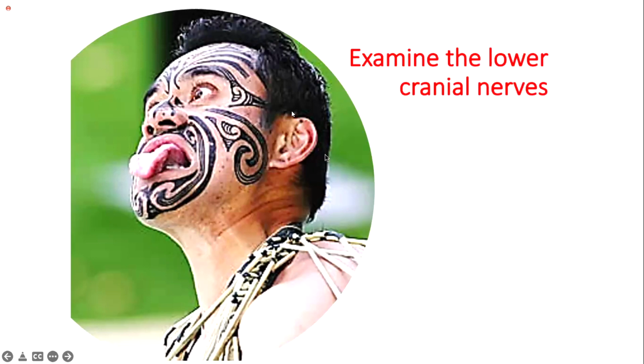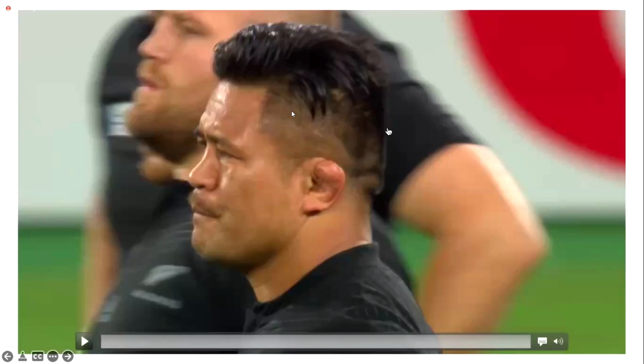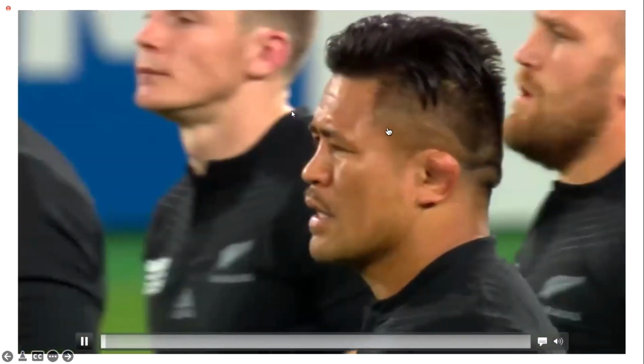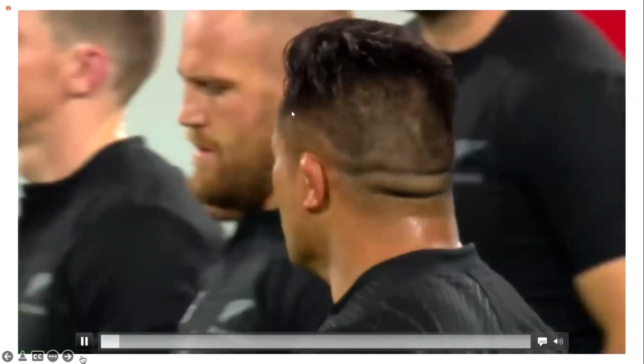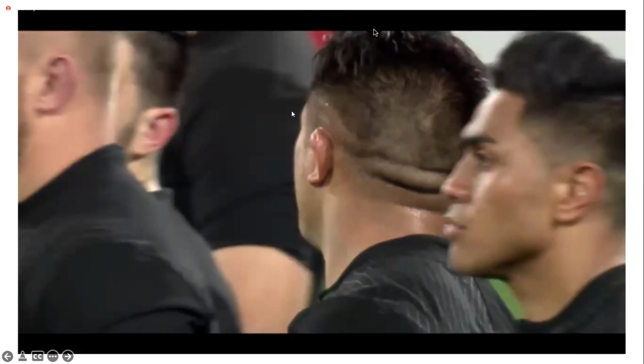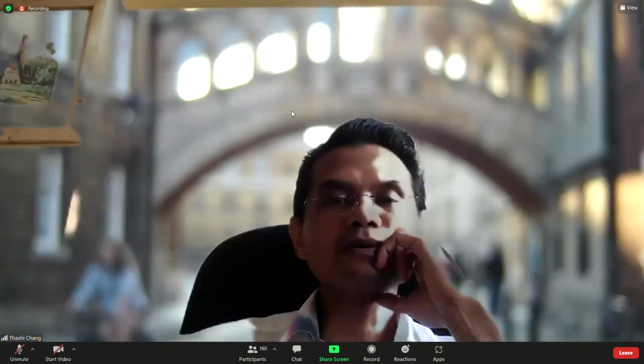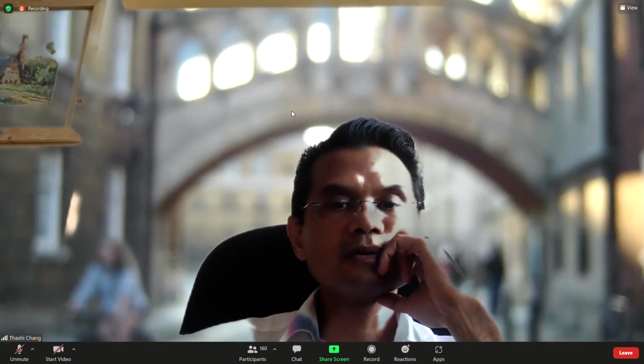Okay. So how many of you have seen a haka? For those who haven't seen a haka, there is no point living if you haven't seen the haka. This is the New Zealand rugby team. Wait a minute. I need to give you sound.